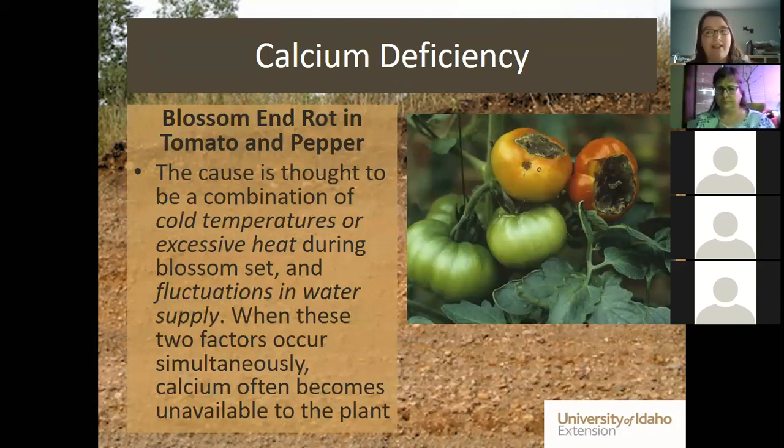We've got lots of calcium in our soil, but it has to be in solution and it has to be able to get to all parts of the plant. So if your plant has slowed down its growth rate due to the cold or the heat, or you've had lots of water and then not enough water, it's more likely to have blossom end rot.